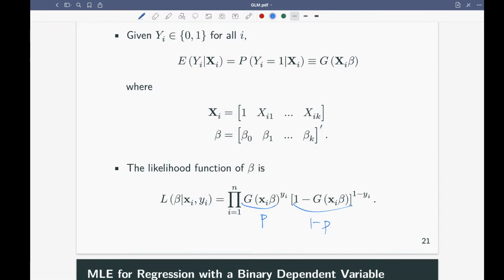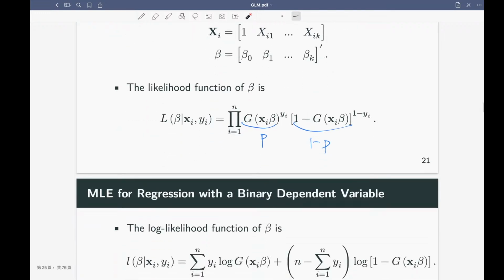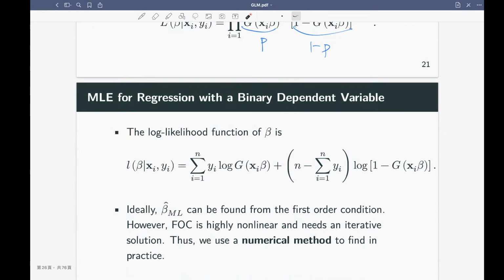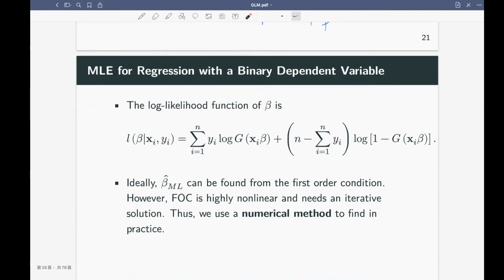We plug in this capital G for the p. I do the same thing to the likelihood function, and we can also find the log likelihood function, which here also has a p.